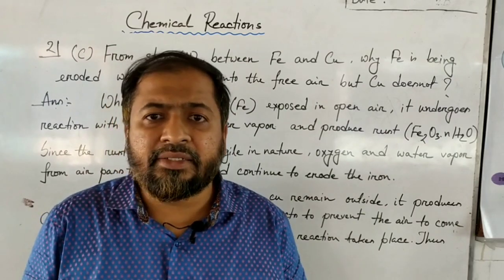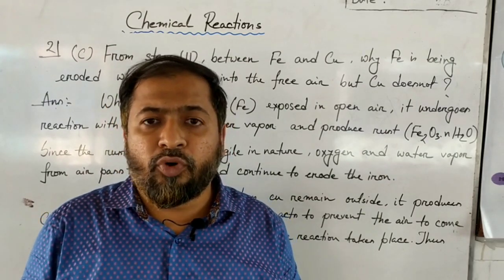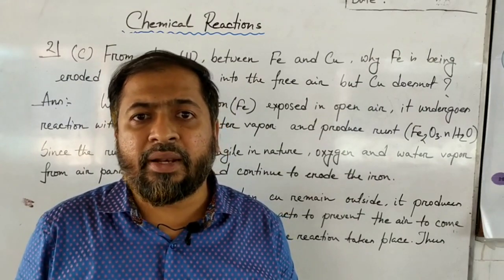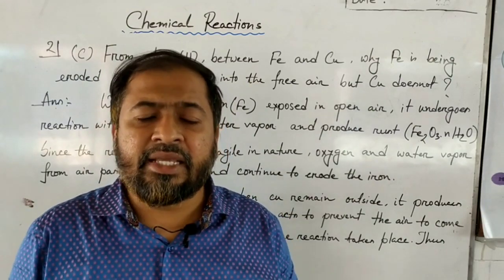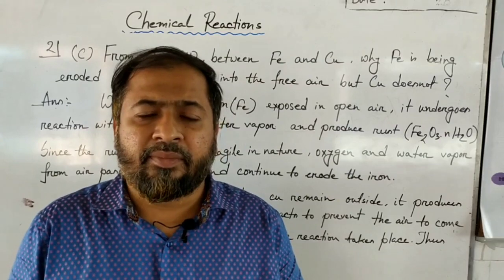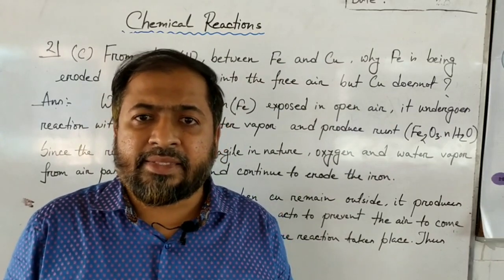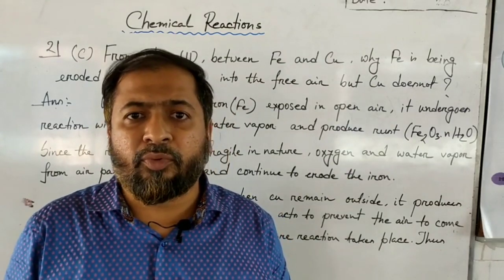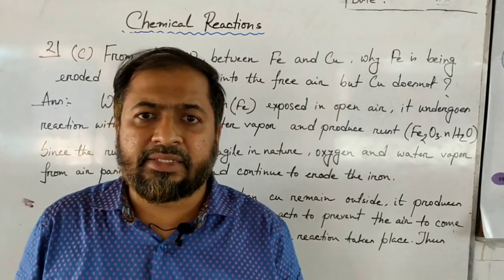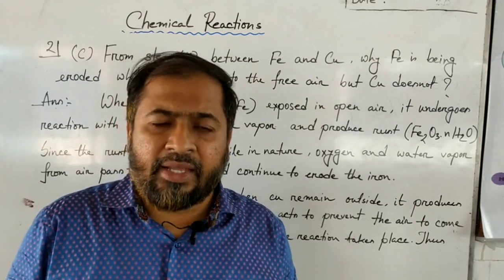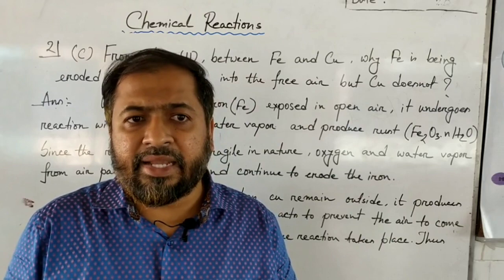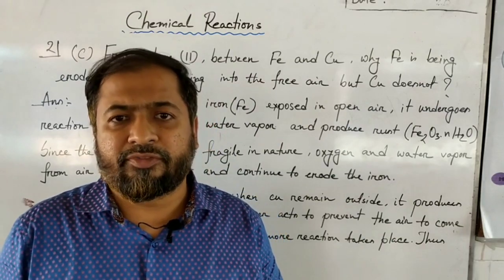On the other hand, the copper oxide which is produced on the outside layer of the copper acts as a shield of the copper metal, which prevents excess amounts of oxygen and water vapor from entering inside, and thus the copper remains intact for a long period of time.